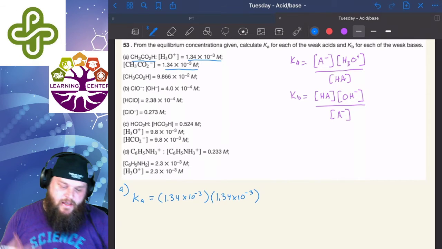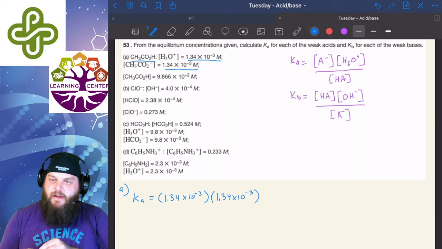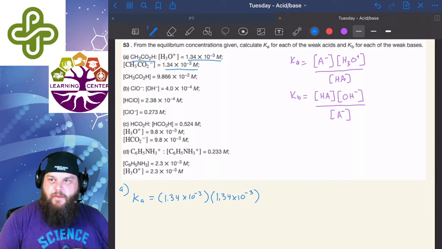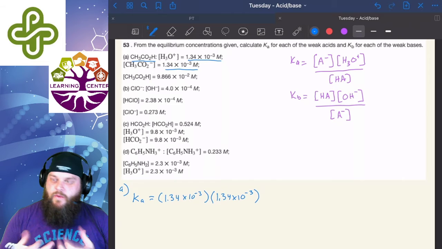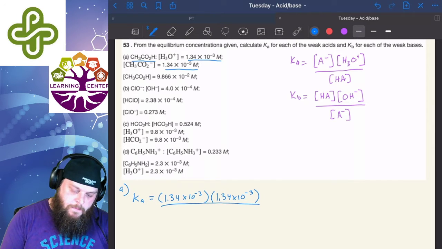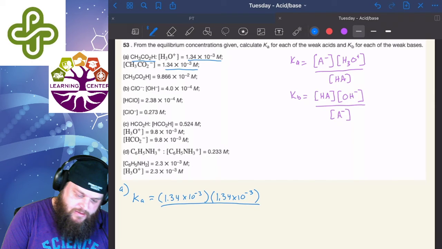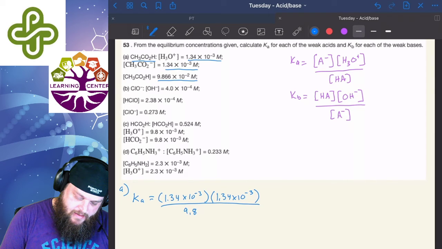That's because every conjugate base that's created from our acid has lost that hydrogen and created a hydronium ion. So those are almost always, if not always, going to be the same value. And we're going to divide then by the concentration of our acid, which is down here at 9.866 times 10 to the negative 2.